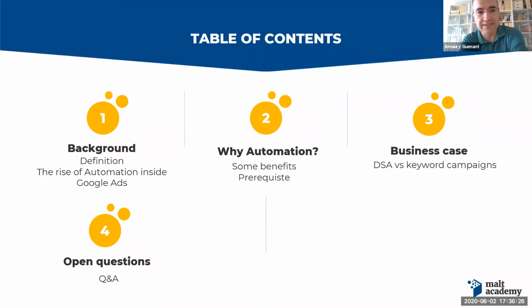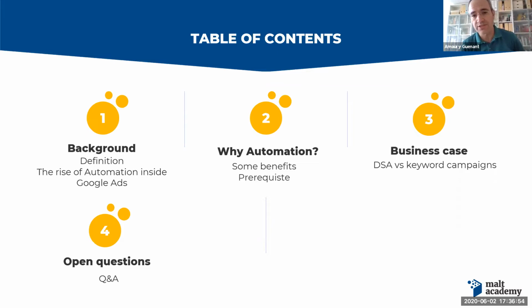The table of contents. First, I'm going to give you a definition of what automation is from the Google side. Then we'll talk about the rise of automation in Google Ads and how it started. Then we'll talk about why automation, some obvious benefits of using it, and what you need to have in place, because of course it's not open to all advertisers and all accounts.